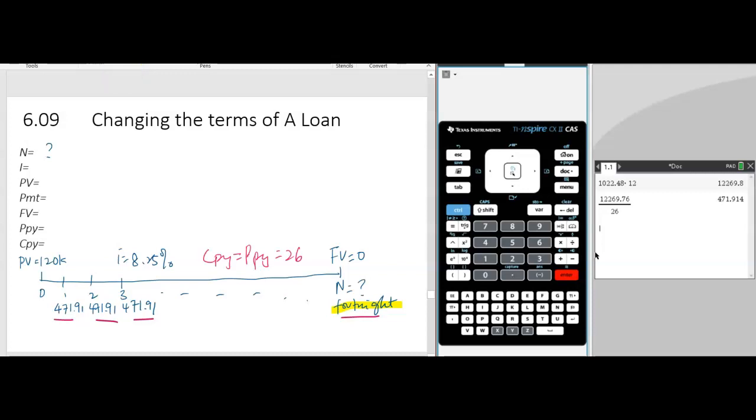So interest same as before, 8.25. Present value 120,000. Payment negative because out of the pocket. Future value 0. PPY, CPY 26. So these are actually the changed values. And I just put them in red color so that you notice.